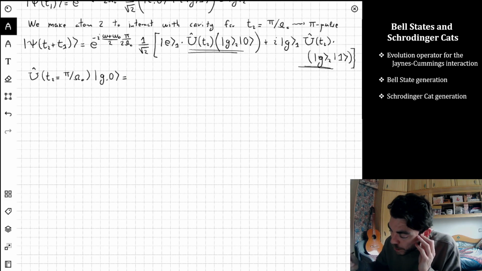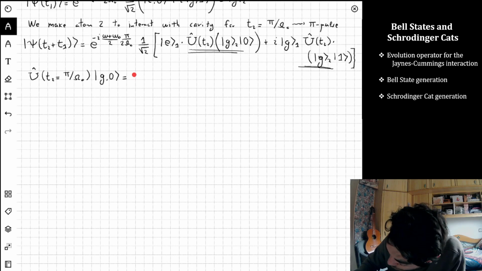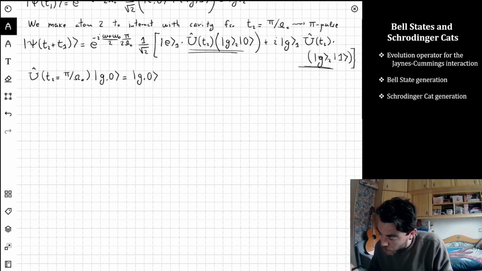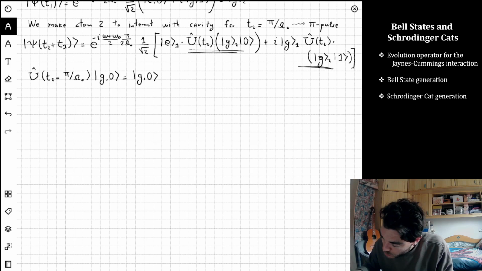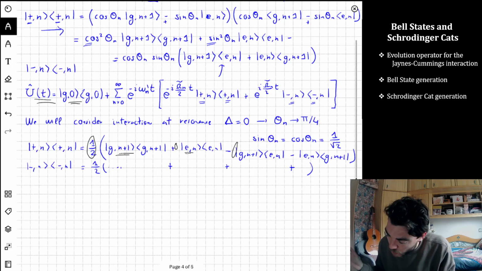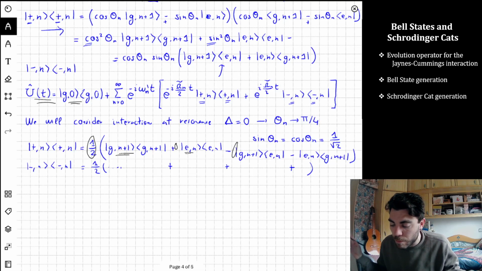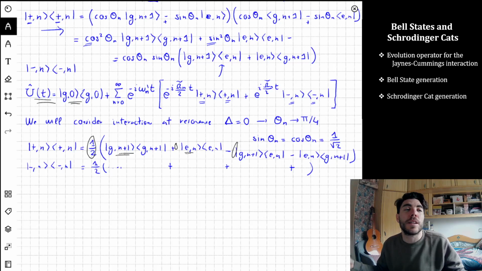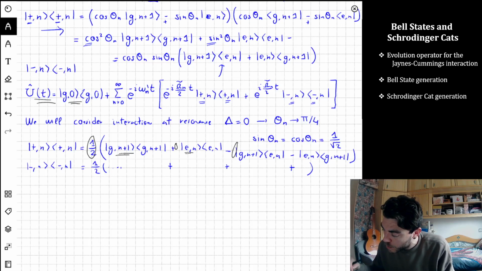This is not going to change the state, this is going to be g0. If you want to refresh your mind, maybe I have written it somewhere here, or probably not. Let me see if I can go back. Yeah, g0, it doesn't do anything. If you're in g0, the Jaynes-Cummings Hamiltonian tells you you are going to be in g0 forever. That's why the unitary operator is independent of time.